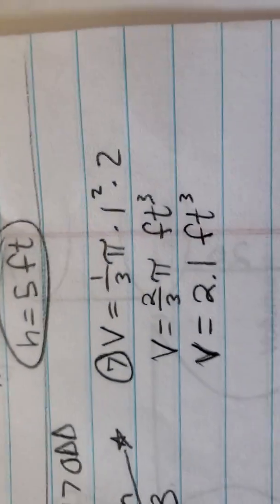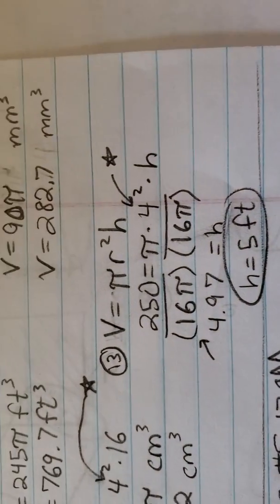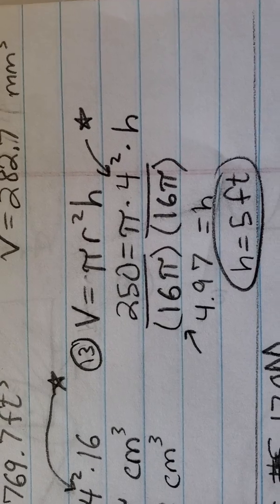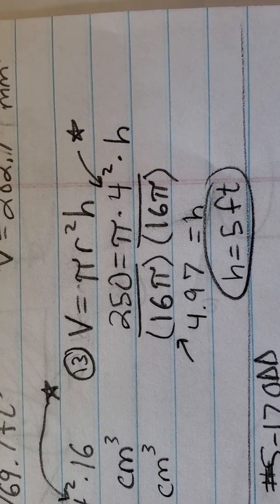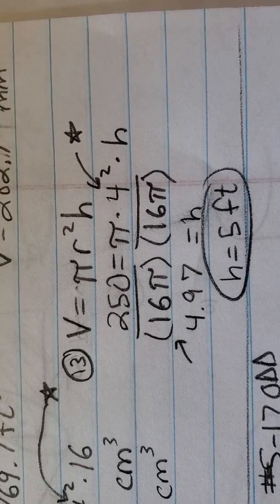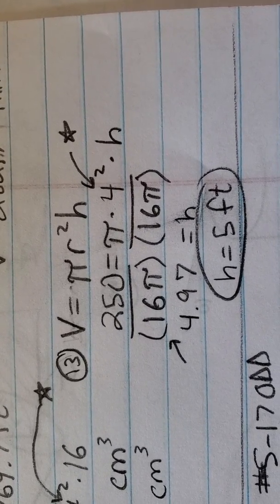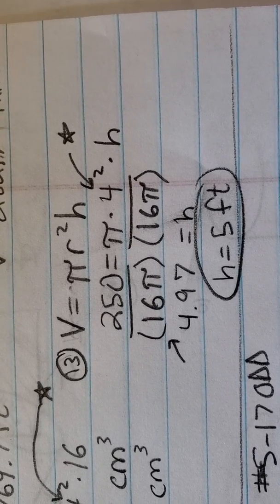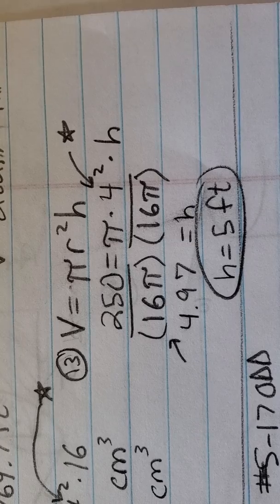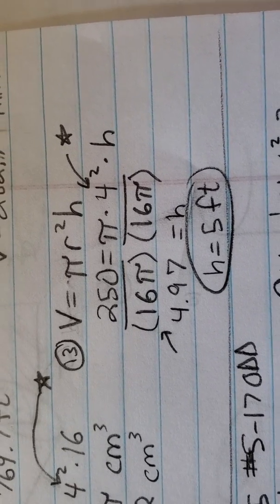So here's my work for number 13 from that assignment. I'm plugging in 250 equals pi times 4 squared. I'm not using 8. I'm using half of 8, which is 4 squared, and then times h. I'm changing then 4 squared to 16. So the pi times 4 squared becomes 16 pi.